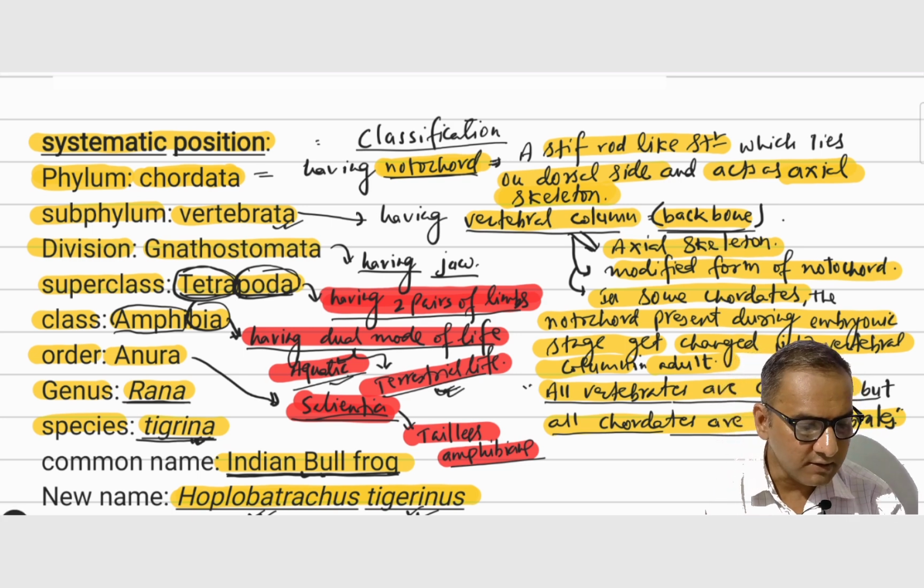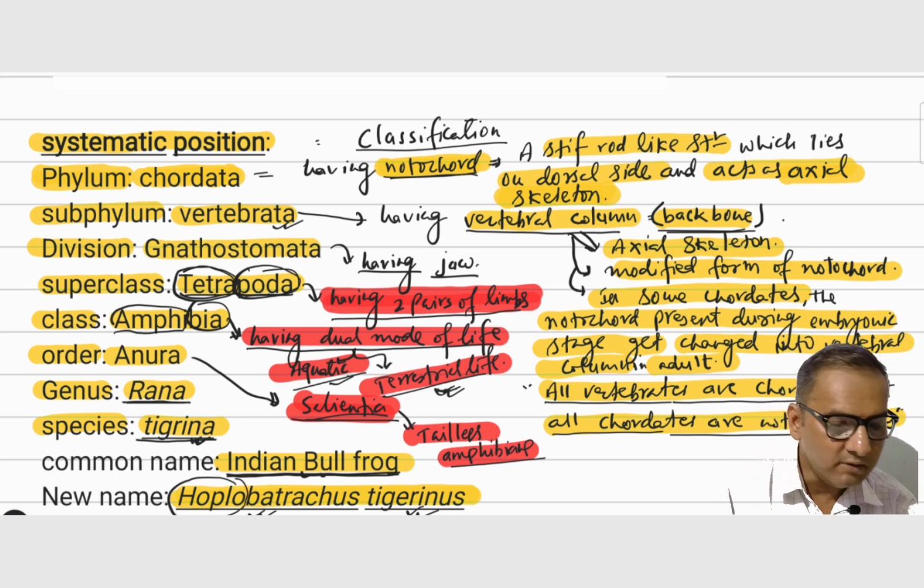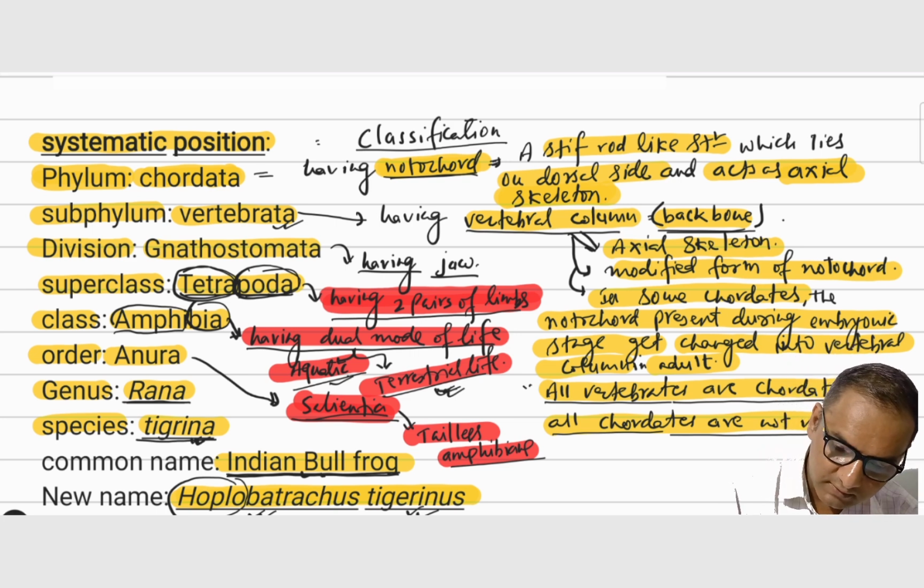Now look here. Hoplobatrachus includes two words. One is Hoplo, which means armed or weaponed, while Batrachus means frog.